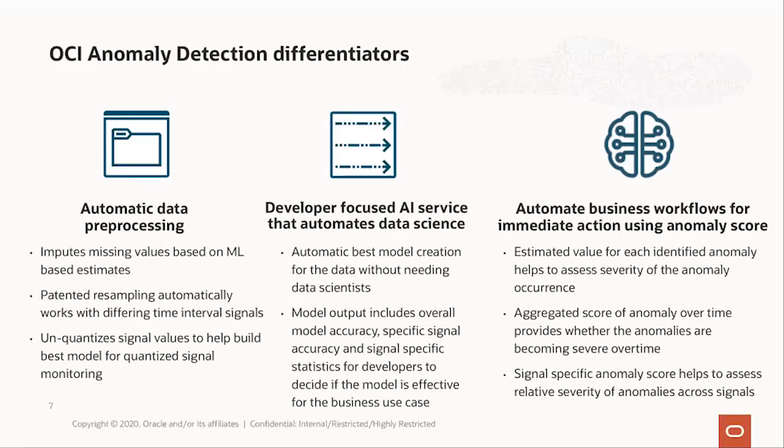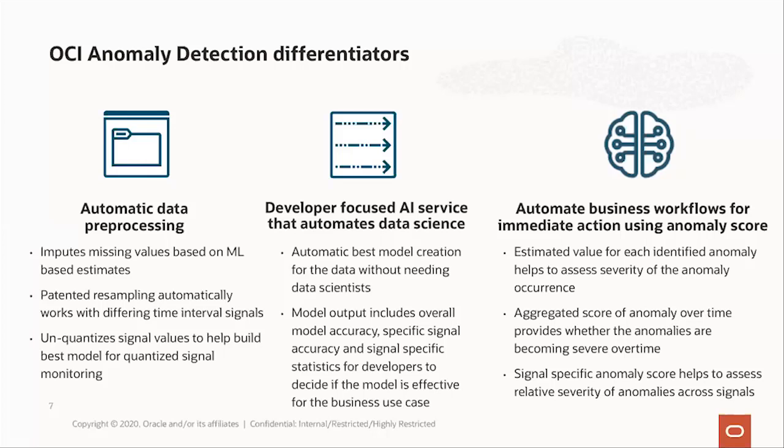The third differentiator is it helps you to automate the business workflows. How? When we do identify an anomaly, say you have built a model, you like the model, and now you're sending freshly collected data to the model, and you want to know whether there are anomalies in that data.